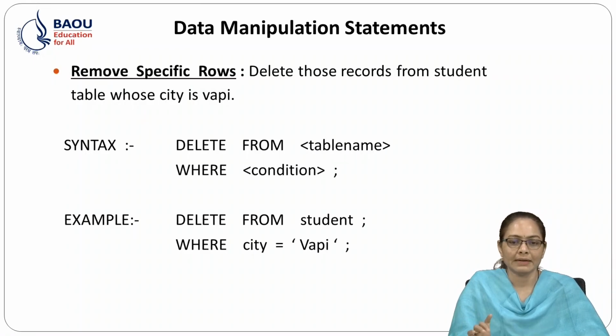Now, delete from student where city is equal to 'Vapi', in single quotation marks, because Vapi is character data. So this command is used to delete the records from the student table whose city is Vapi. So the Vapi city record is deleted.